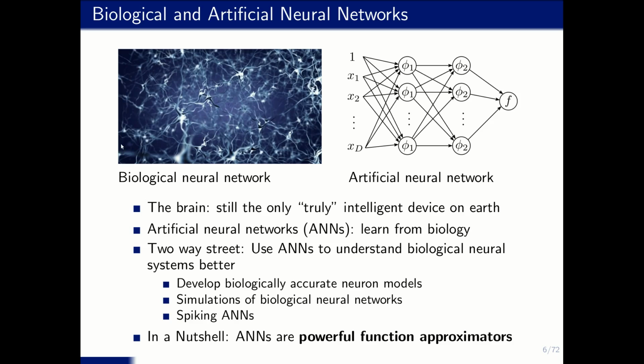These biological neural networks have spiking behavior, so neurons communicate via electrical spikes, and these spiking ANNs essentially try to mimic this. So the machine learning models typically don't use spiking ANNs, but a continuous approximation of this. And in a nutshell, artificial neural networks are essentially powerful high-dimensional function approximators. So essentially the goal here is to fit a function which solves your engineering problem.